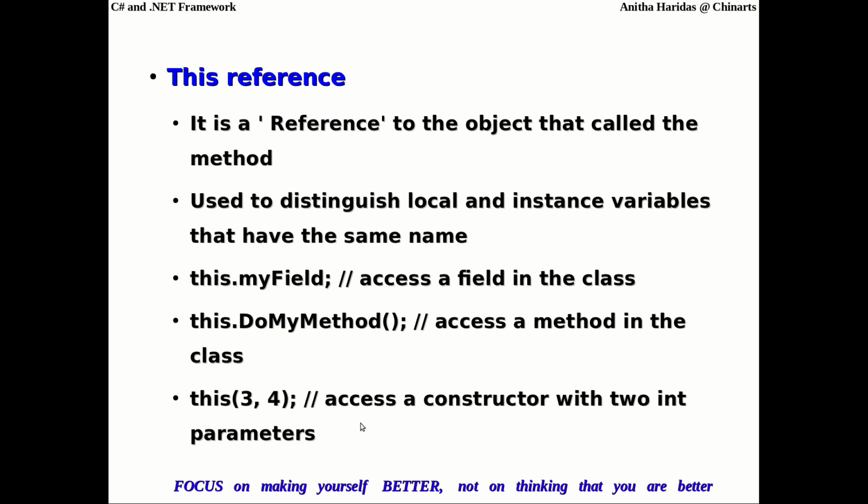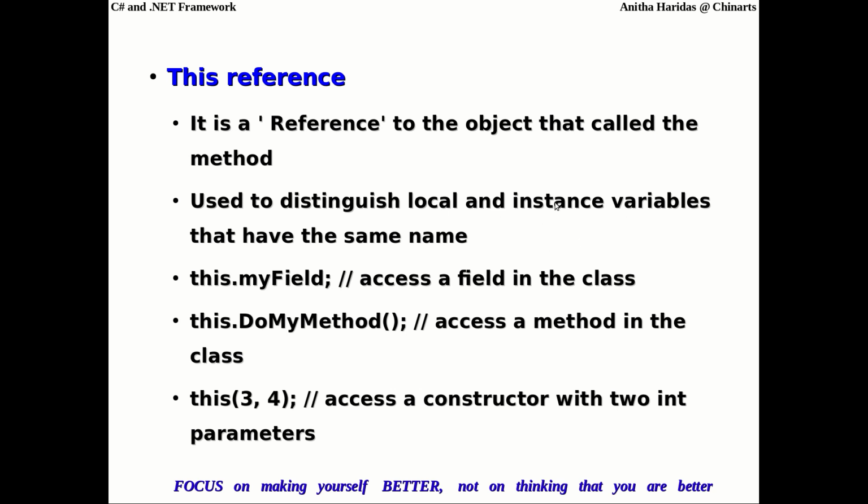Apart from that, in any class you can have a reference called the this reference. This is a reference to the object that called the particular method. It is generally used to distinguish the local variables and the instance variables.